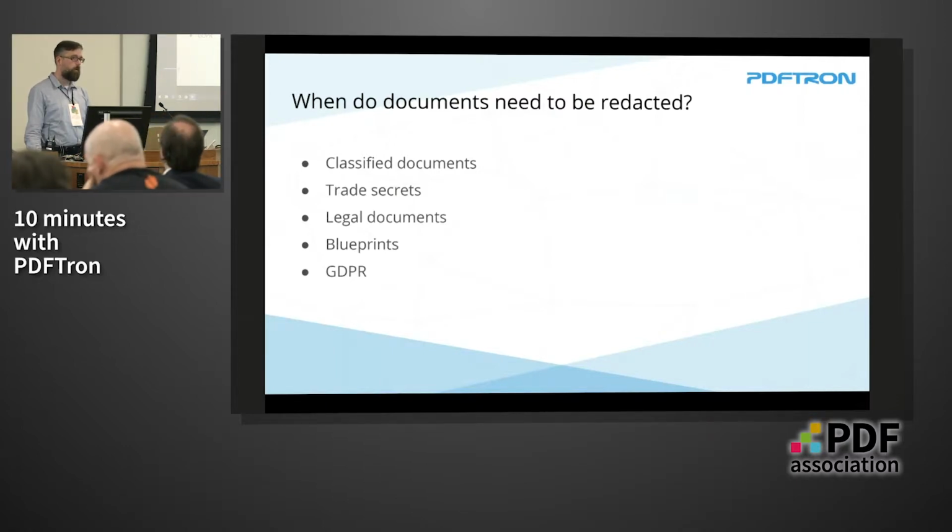Or we may have security reasons for removing information from blueprints that might be dangerous if it's disseminated and potentially might lead to terrorism risks and so on. And then recently, some newer requirements due to regulations like GDPR, which gives people the right to be forgotten.